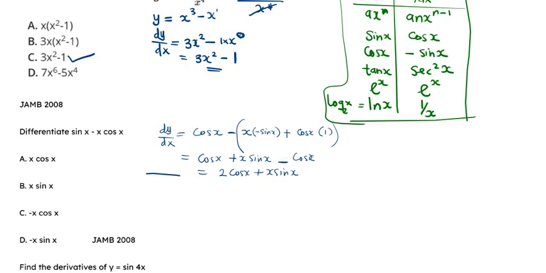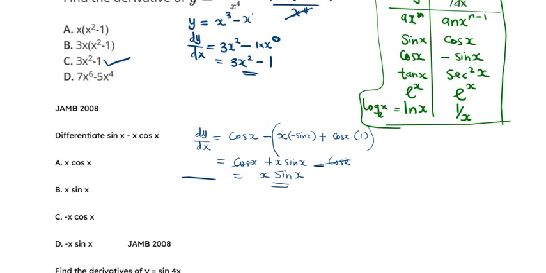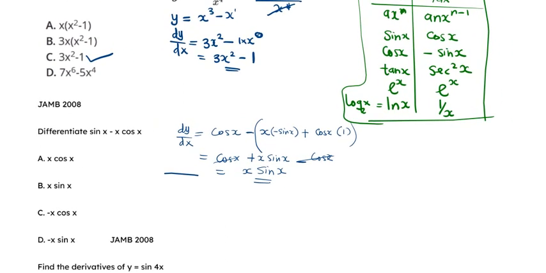So sorry for that. Let's proceed. We have cos x minus cos x, which is going to give us 0. So we have x sin x as the correct answer. This is just a slight error, and we have corrected it. So the correct answer is x sin x, which is option B.